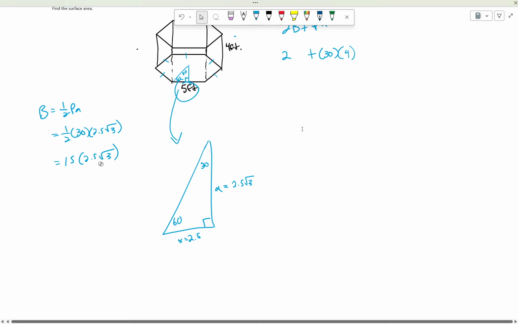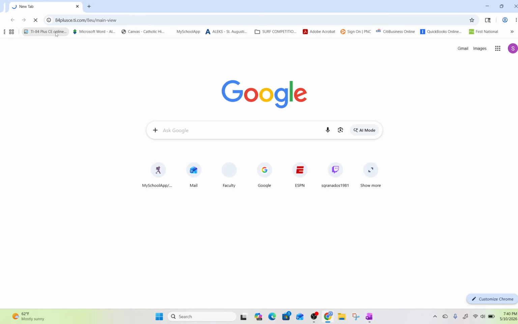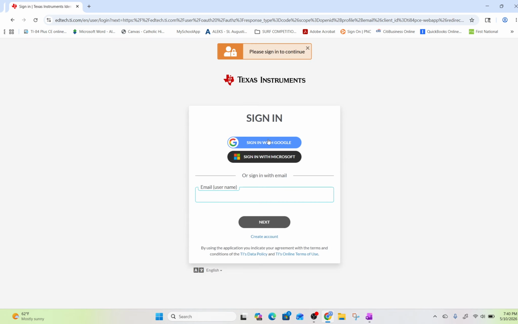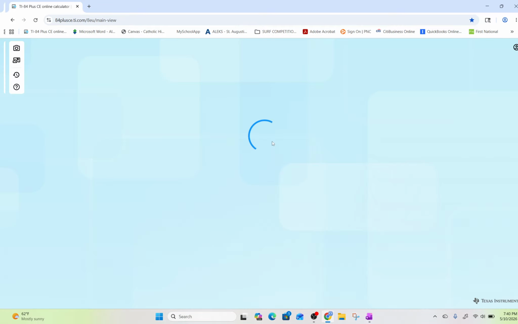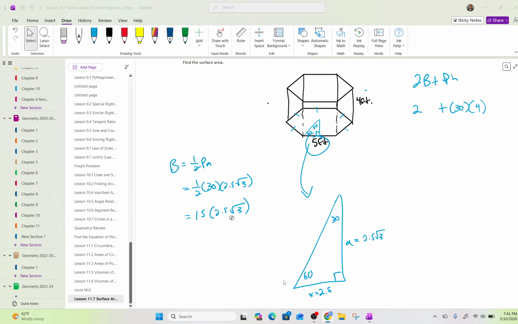Now, let's go ahead and pop out the calculator here, where I have 2.5 times 15, which is 37.5.